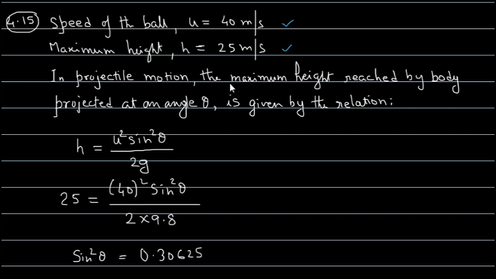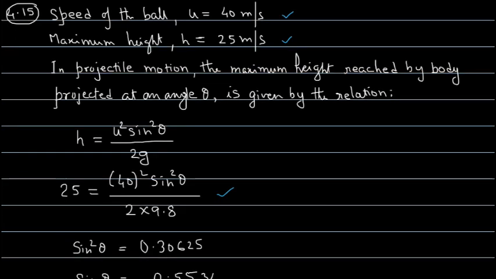In projectile motion, the maximum height reached by the body projected at an angle theta is given by the relation h is equal to u square sine square theta upon 2g. Now 25 is equal to 40 square sine square theta upon 2 into 9.8.